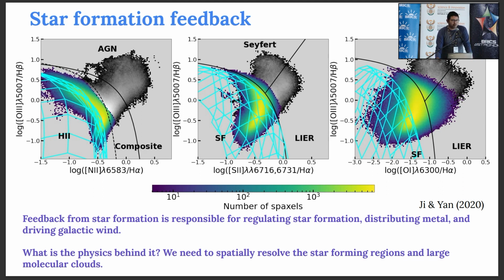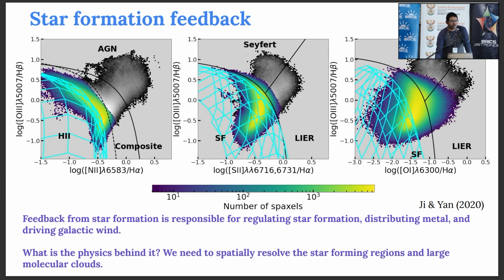For example, N2 over H alpha, S2 or oxygen 1 over H alpha, or if it is oxygen 3, then it's H beta. The ratio tells us whether they are falling in regions where there's star formation, like H2-like regions, or AGN, like strong emission lines, or somewhere in between, composite, or a low intensity emission region we call LIER.